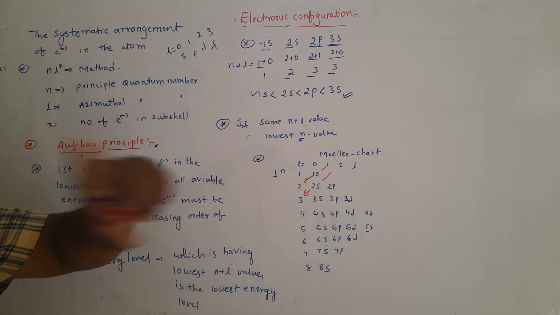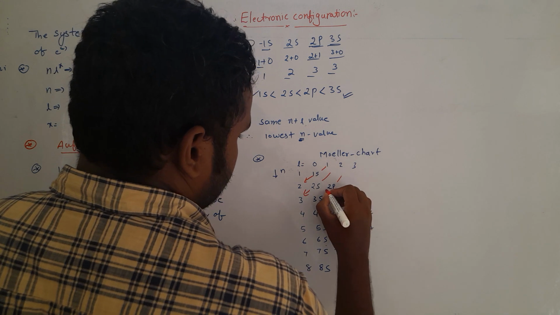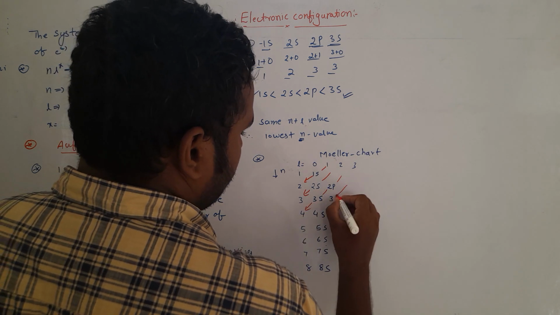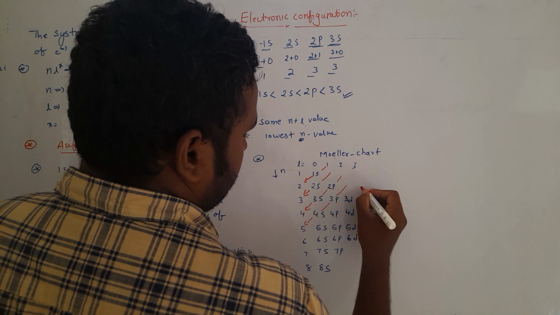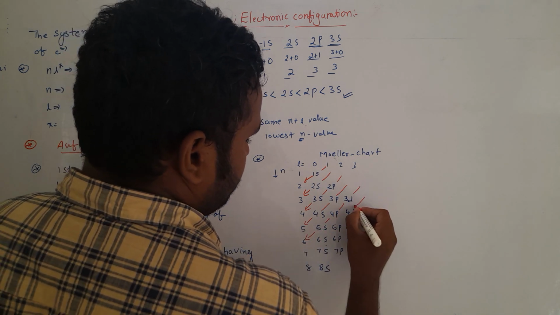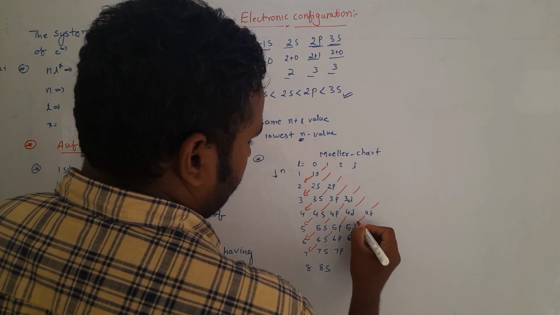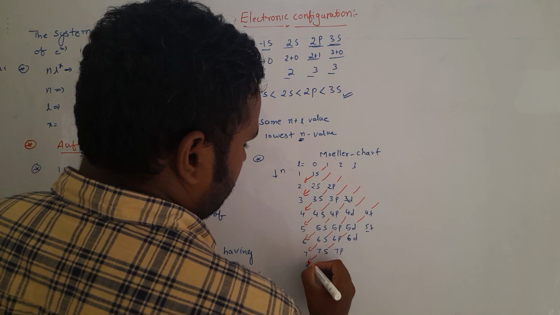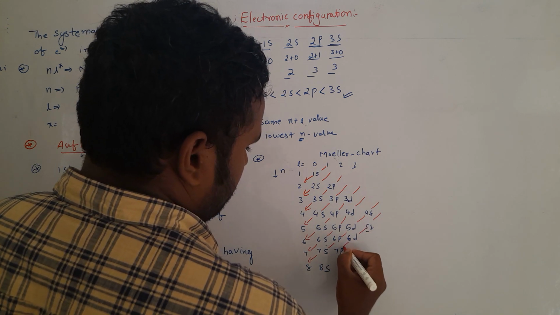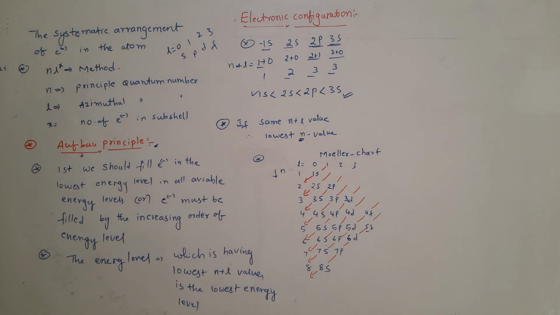The first set of arrows should contain only one subshell. Next, the second set of arrows contains two subshells. Next, the third set of arrows contains three subshells. Next, the fourth set contains four subshells. Likewise. So this is the Moeller chart, and next, write the increasing order of the energy of subshells.